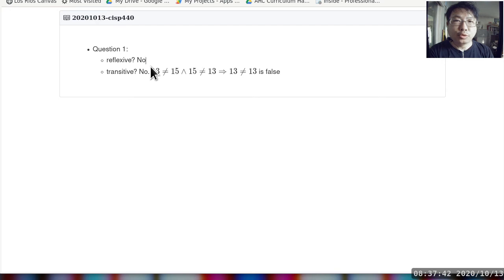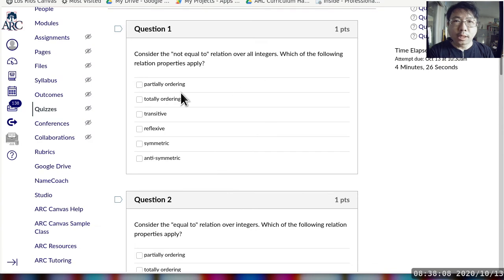But we have true on the left-hand side of the implication. This part is true, but this part here is false. So we have true implies false, and the implication itself is false. So I have a way to find elements E, F, and G from the set of all integers such that this statement is false, and that's why it is not transitive. So we got false, false, false, false.